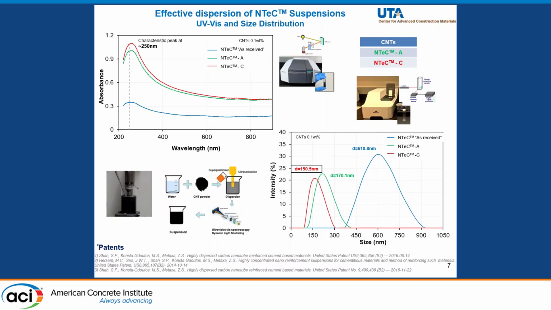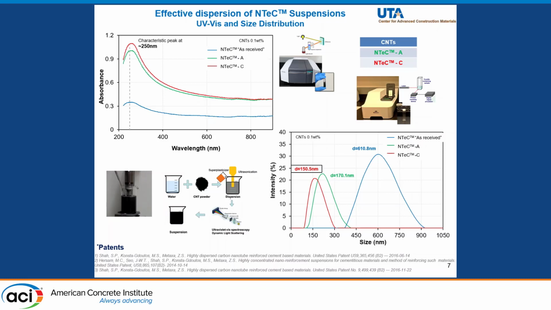That's why, for both types of CNTs, we used an ultrasonication procedure developed by Professor Shah and Professor Consta, along with a superplasticizer, and we prepared highly dispersed suspensions including 0.1% of either NTEC A or NTEC C.